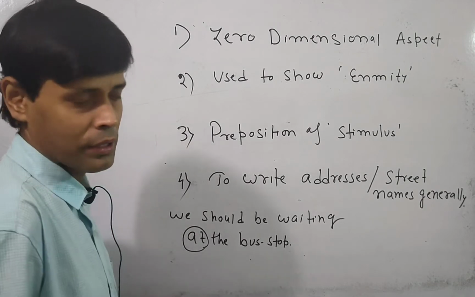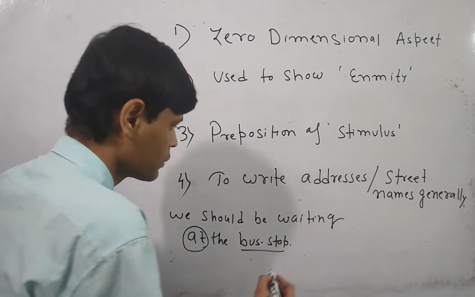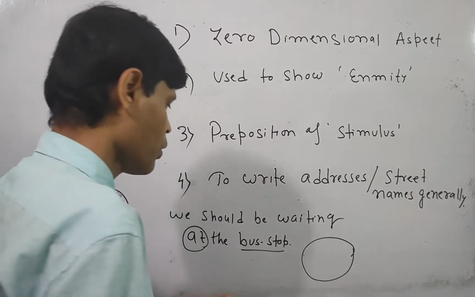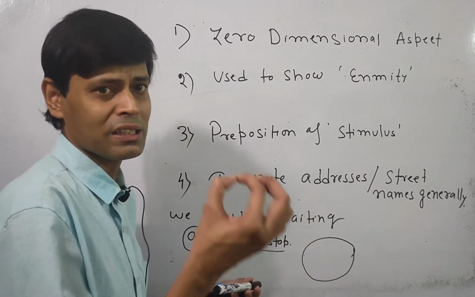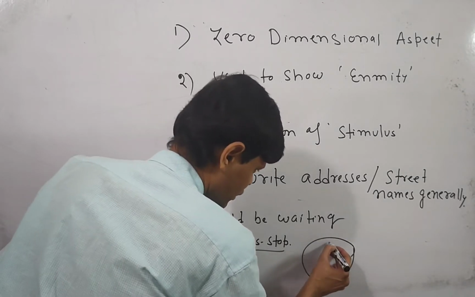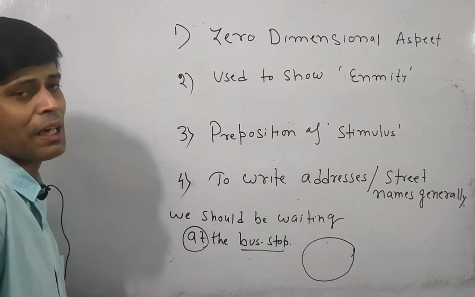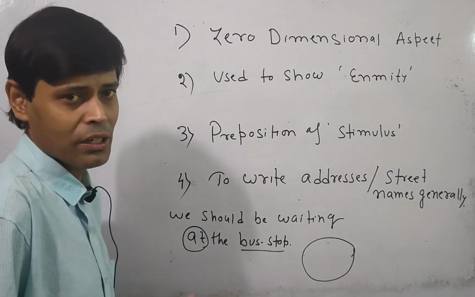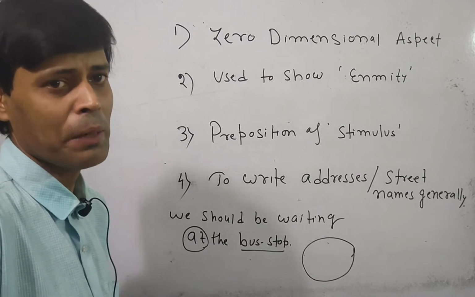That means we are just considering this bus stop as a global point. Suppose this is the globe, and in comparison to the globe, the dimension of the bus stop is nothing, just a point, just a fraction or fraction of the fraction. Just like a dot. So in this case, when we think of something just as a global point, we can easily consider "at". In that case, "at" should be taken into account as a zero-dimensional preposition.